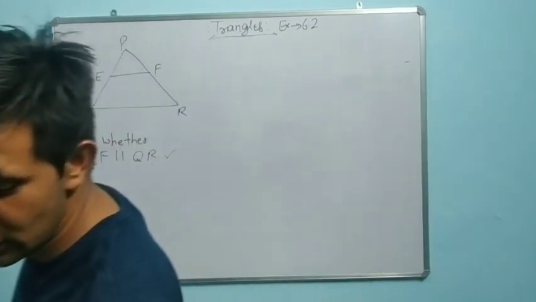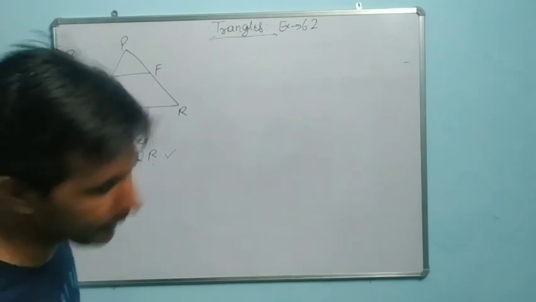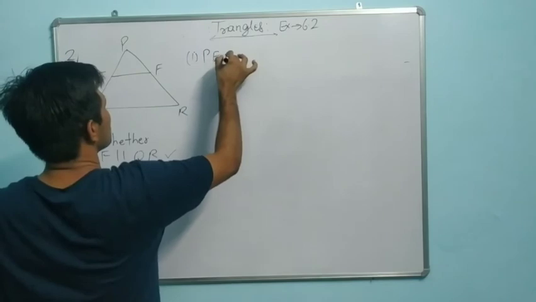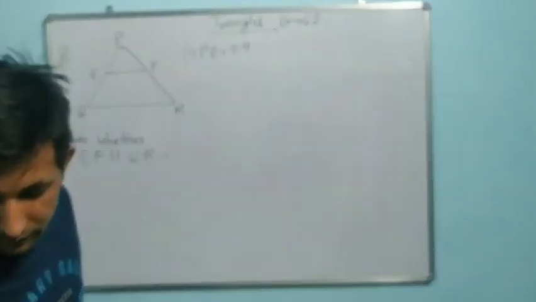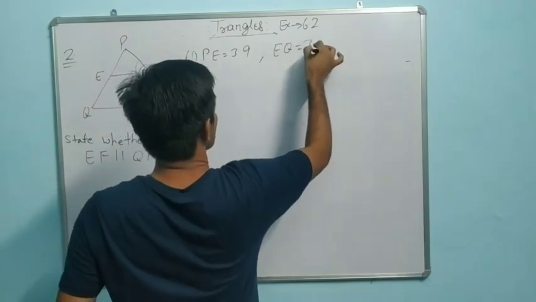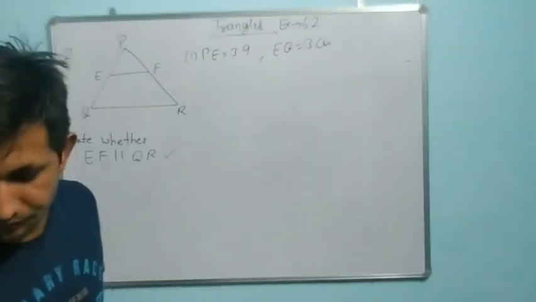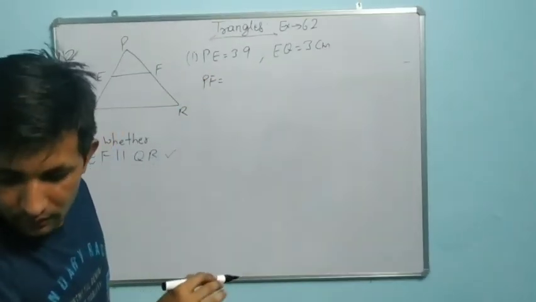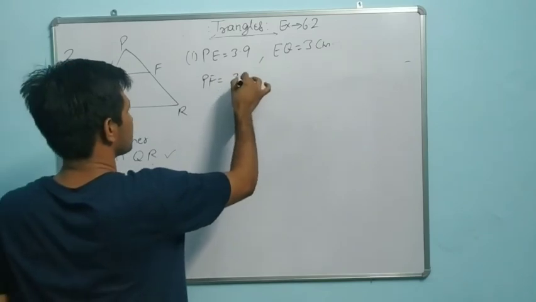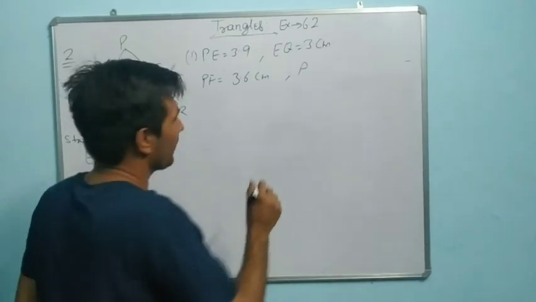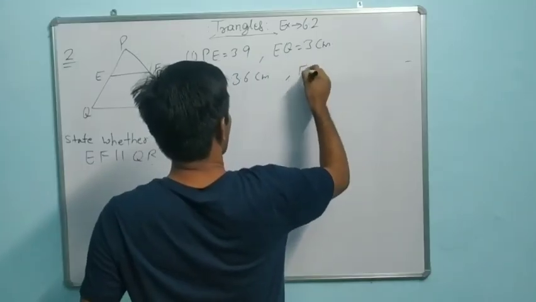Look at what is given in the first part, dear. PE is 3.9, EQ is 3 centimeter, PF is 3.6, and FR is 2.4.